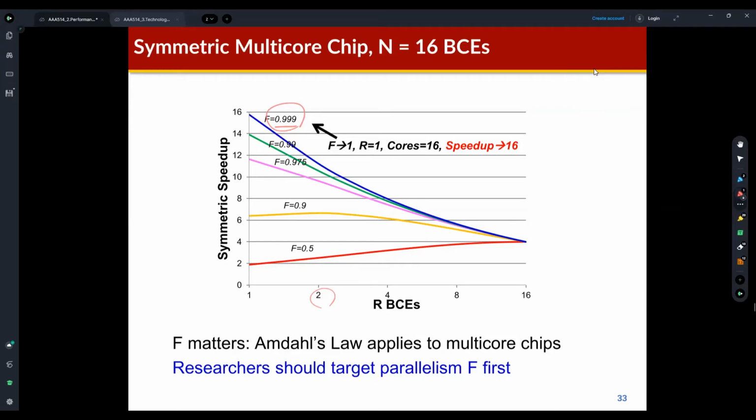This enhancement is determined by F, the fraction of the parallelizable part. So that's why the workload characteristic is very critical for the configuration and performance of the entire computer system.